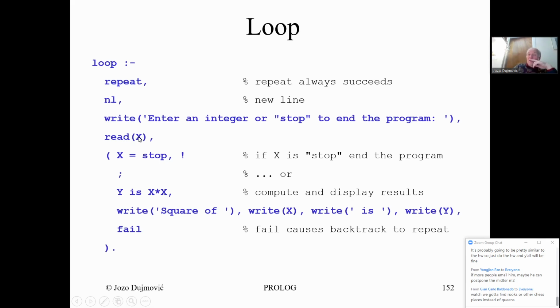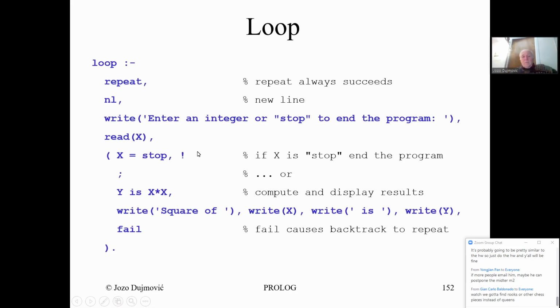Then you read this integer and then ask, is this value equal to stop? If this value is equal to stop, then cut and terminate, because this is the end of this line. After that, you have a semicolon, which means you have another statement, and then you are going to try to go back over the cut. This is not possible, and the only thing that remains to PROLOG is to terminate the program.